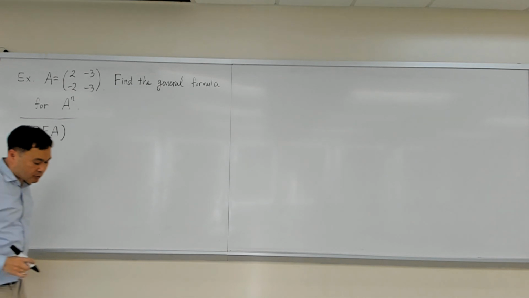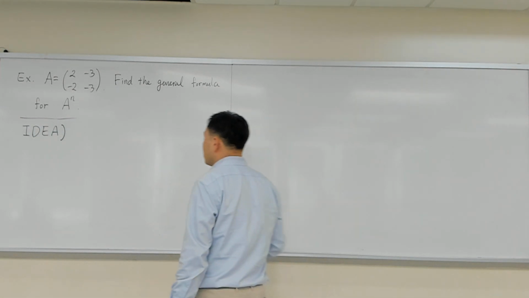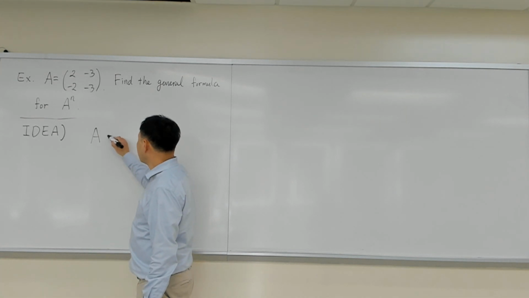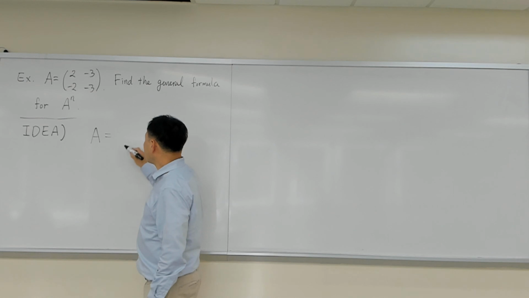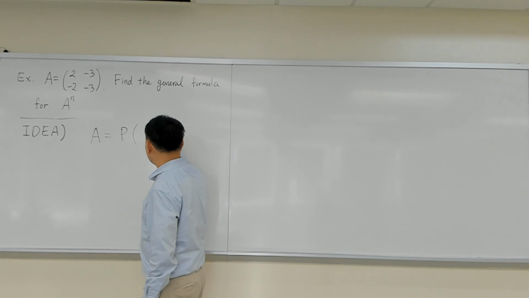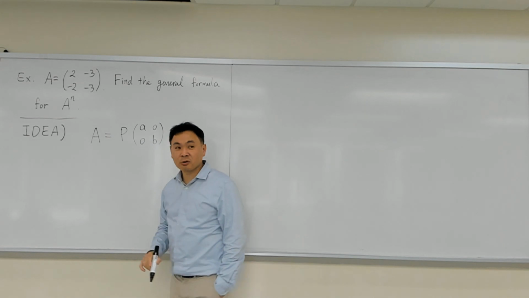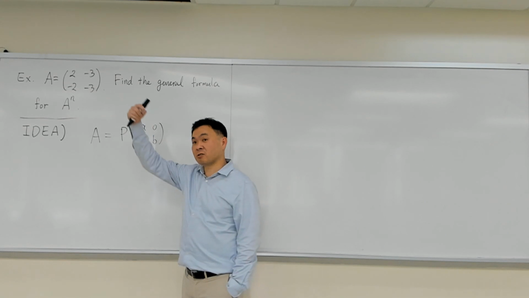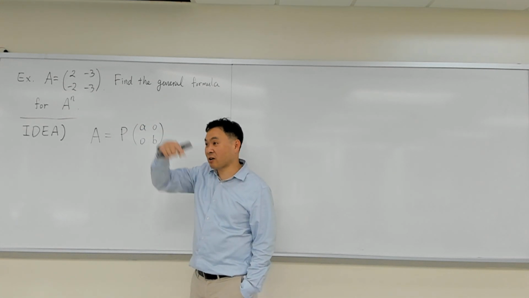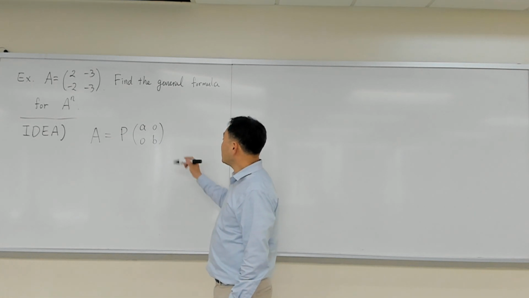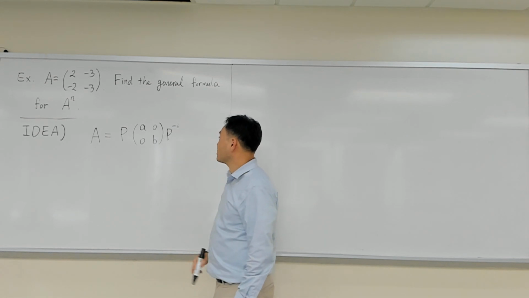The idea is that you want to rewrite A so that it looks like some 2 by 2 matrix times a diagonal matrix A, 0, 0, B. You call such a matrix a diagonal matrix: if you only have numbers on this diagonal and everything else is 0, that's called a diagonal matrix. And then P inverse.